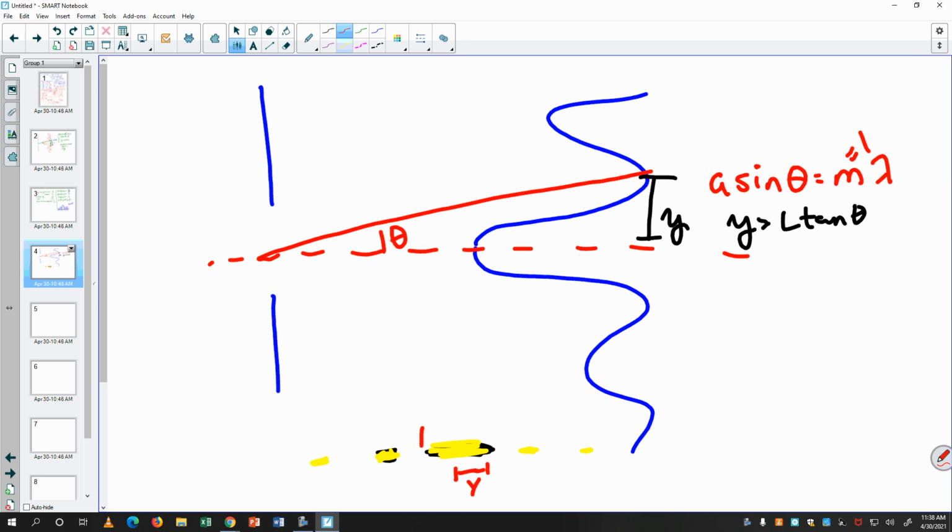But sometimes I want to know this distance. What is the width of that central bright spot? And to do that, I say twice y, because it's symmetrical. So if I find y, I just double it to find the width of the central bright maximum. Okay?